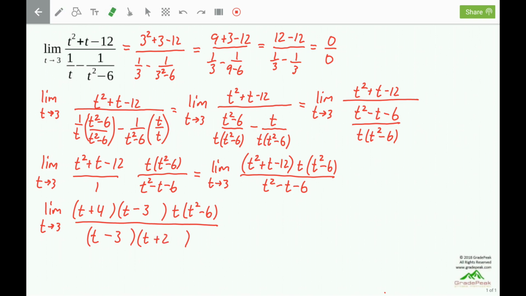And there's the t minus 3 in the numerator and denominator that are making 0 over 0. Those can actually cancel now. So we'll cancel those out, and at that point we should no longer have the 0 over 0. And we should be able to plug the 3 in for all remaining t's.